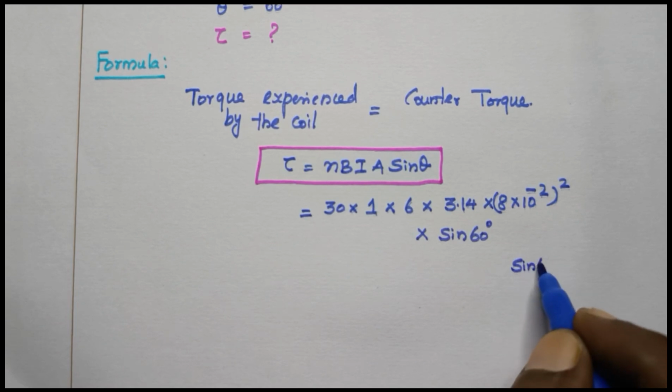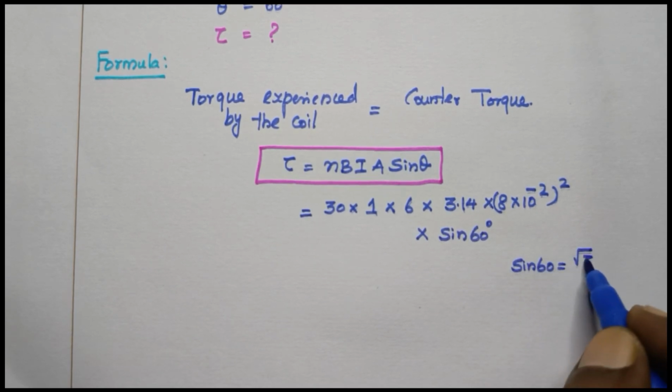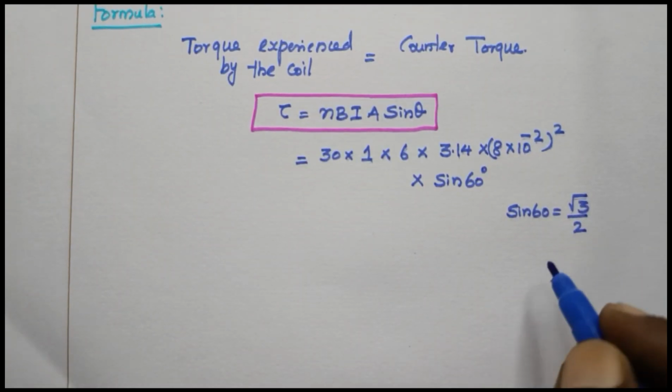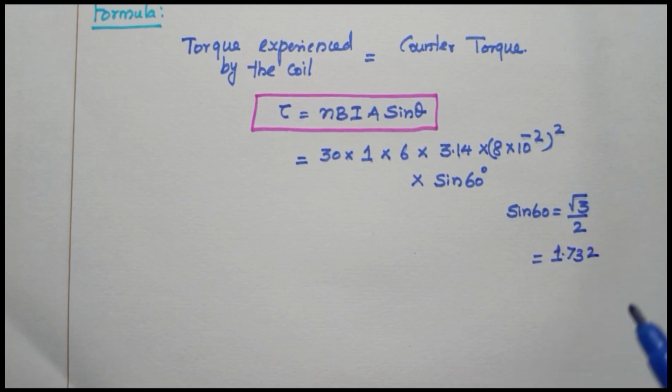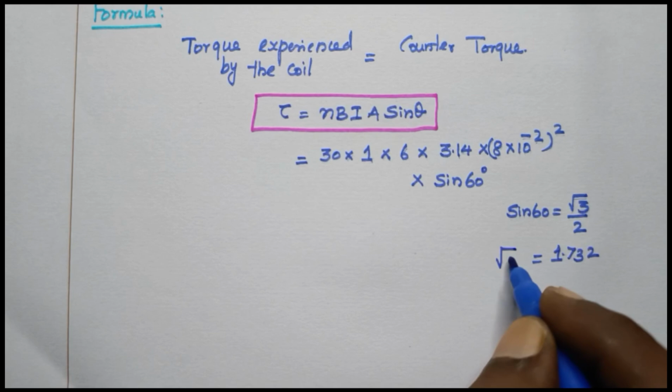Sin 60 is equal to root 3 by 2. Root 3 is 1.732. So this is root 3.